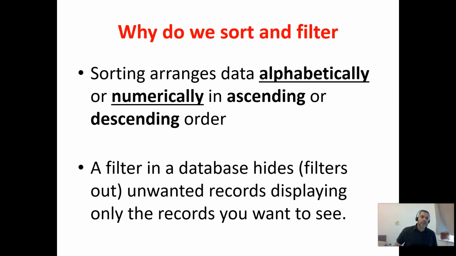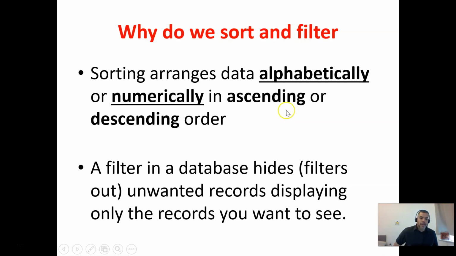So why do we sort and filter? Sorting arranges data alphabetically or numerically in ascending or descending order. And as I just explained, when you have information or data, you need to organize it in a way that will be easy for you to read. A filter in a database hides or filters out unwanted records, displaying only the records you want to see.